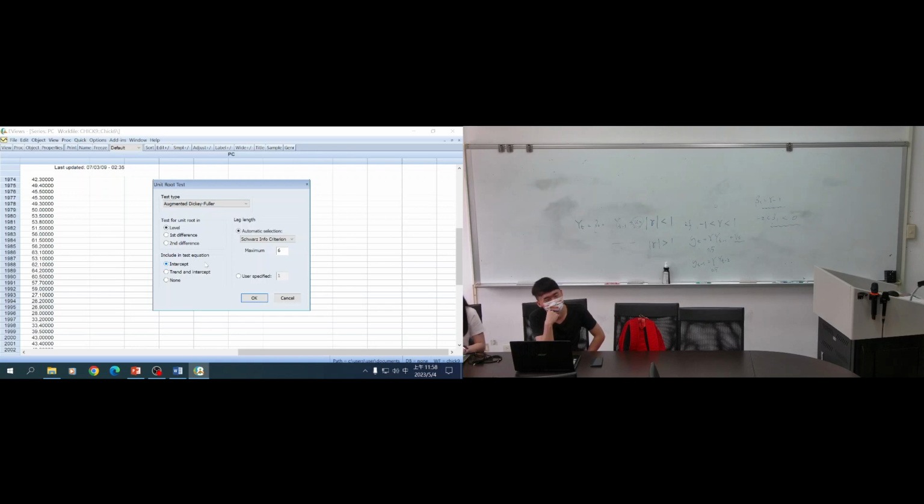So PC, which version do you use? Intercept only, then lag 4, okay? It's not significant, right?